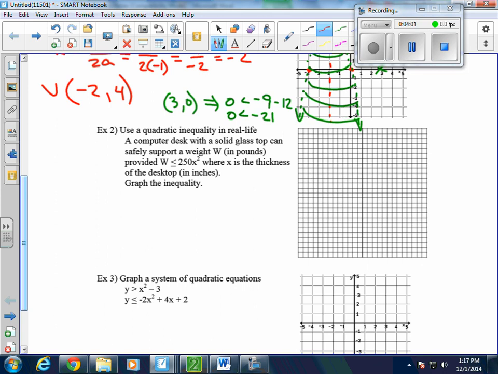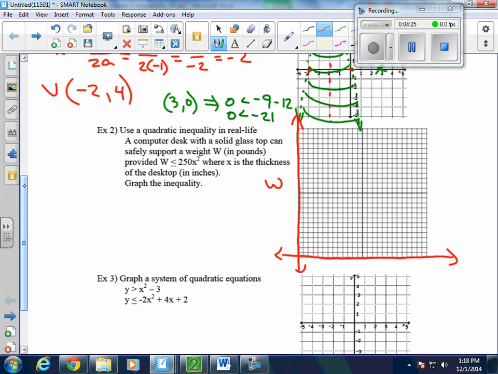So we're going to start by using this. And since this is a real life situation, we know that when we put numbers in here, it's going to have to be this right side, quadrant 1. Because we can't have negative pounds, we can't have negative thickness of the glass. And so that's what we're going to be putting in.